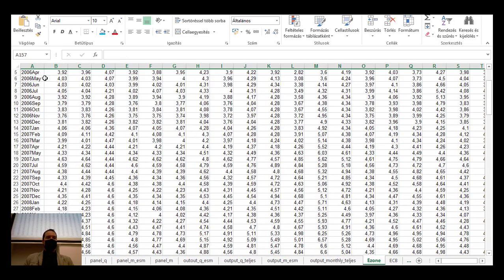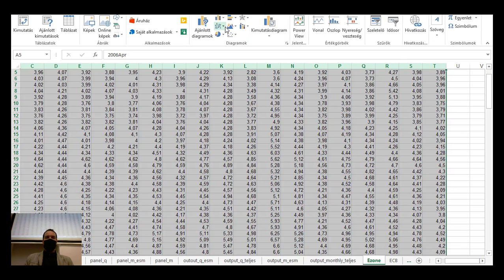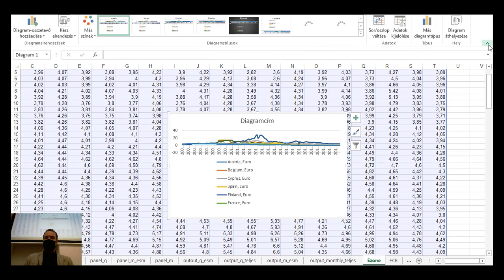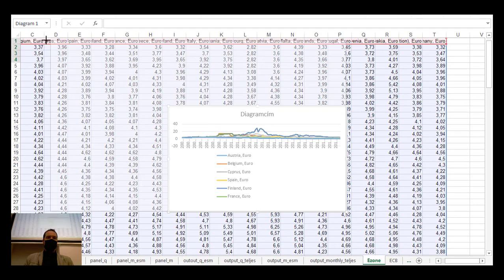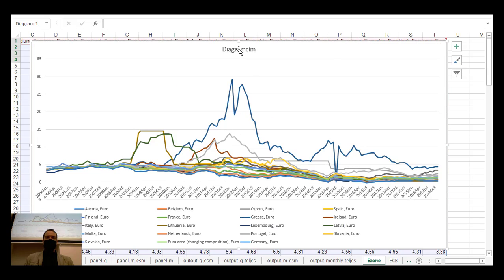This is just for the Eurozone. They are just long-term, 10-year maturity government bonds for different countries in the Eurozone.